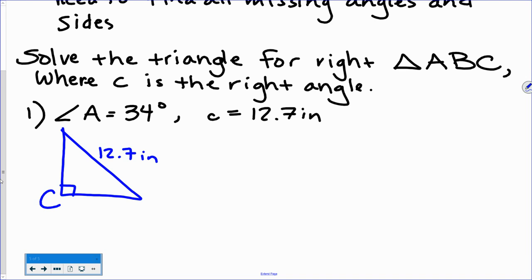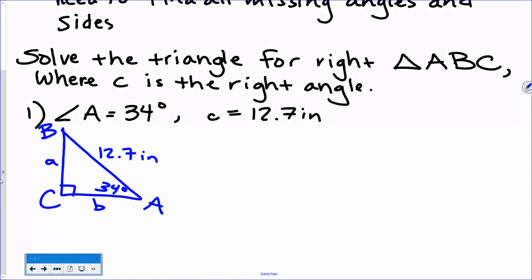It doesn't really matter where I put A and B as angles, but wherever I put large A, little a would be directly opposite from that, and wherever I put B, little b would be directly across from that. That would be an example for sketching this triangle. The other information they tell me is angle A is 34 degrees.